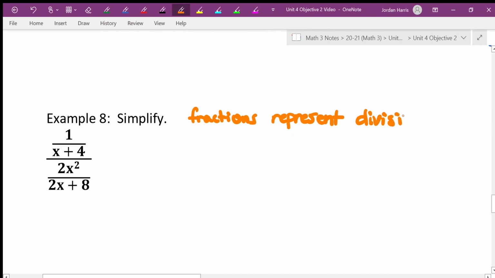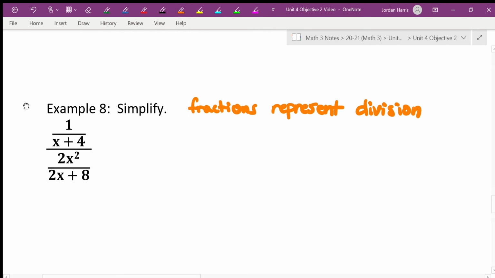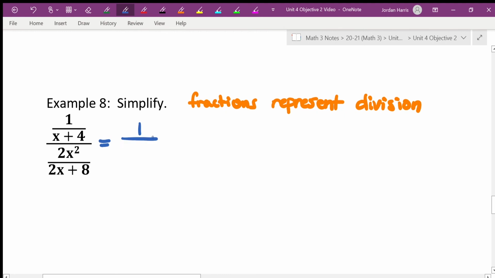If I had a fraction 1/4, that means 1 divided by 4. So this is 1 over x plus 4. Technically that's division, but we're dealing with fractions right now. So I'm going to leave that first fraction, divided by, so instead of this big line, I'm going to put divided by 2x squared over 2x plus 8.